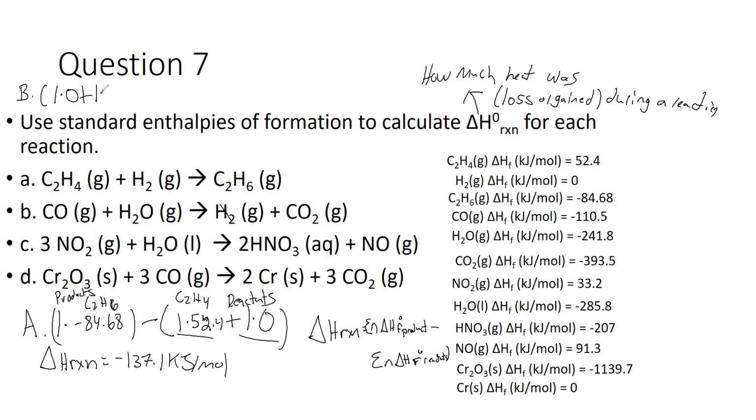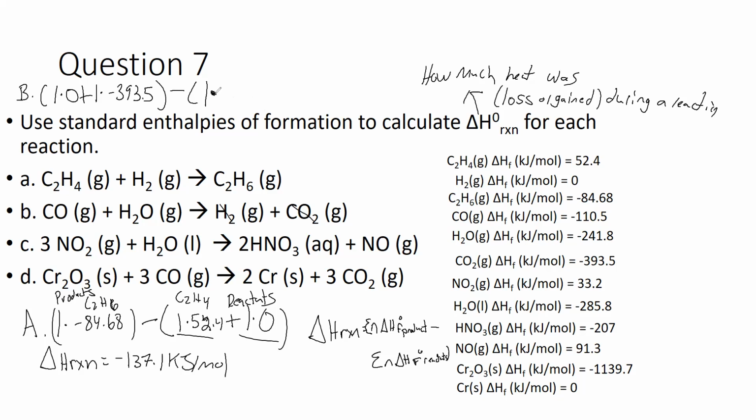So 1 mole of CO2, delta H formation of CO2 is negative 393.5. So that's all our products. Now minus our reactants, 1 mole of carbon monoxide, which has a delta H of negative 110.5.